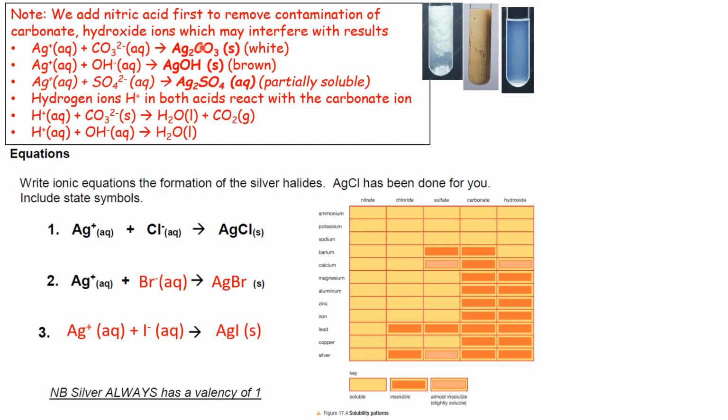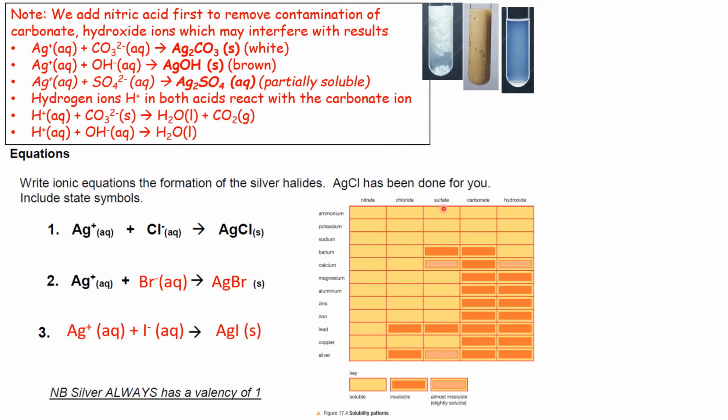So your silver carbonate can give us a false silver chloride result, and your silver hydroxide formation will prevent us from seeing the color of the precipitate. So adding acid gets rid of both of these ions via these 2 reactions. Our carbonate reacts with the hydrogen ions in the acid to form carbon dioxide and water, and your hydroxide ion reacts with the hydrogen ions in the acid to form water.